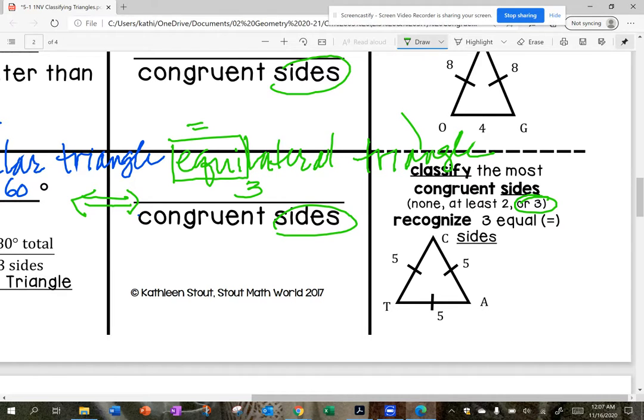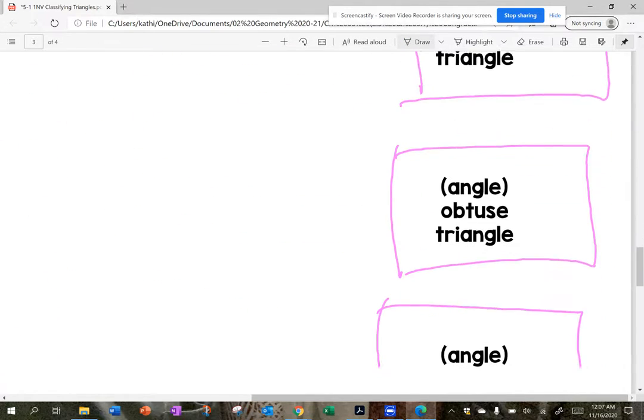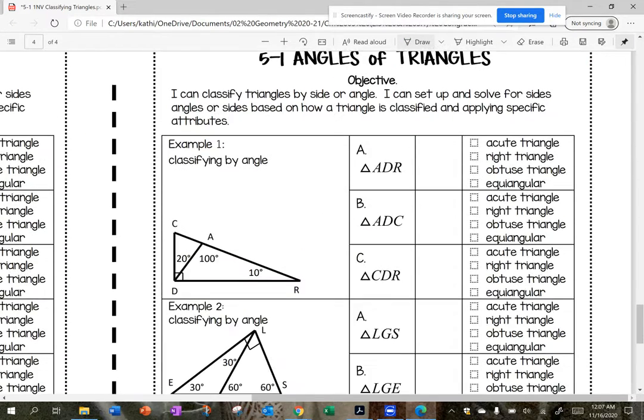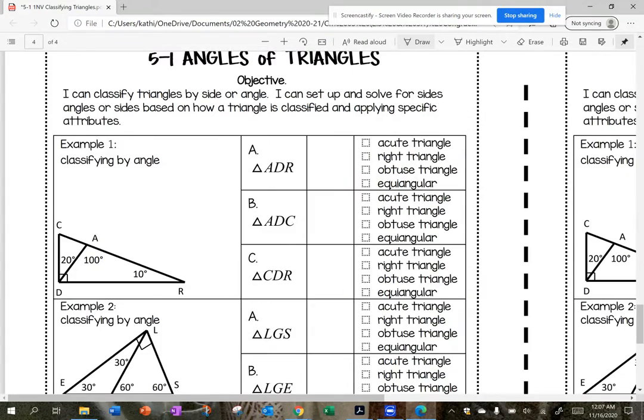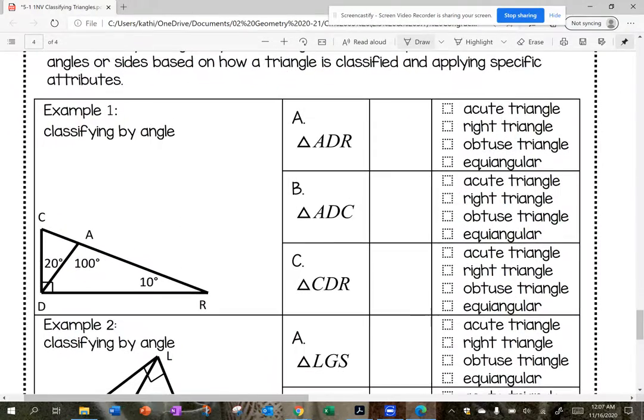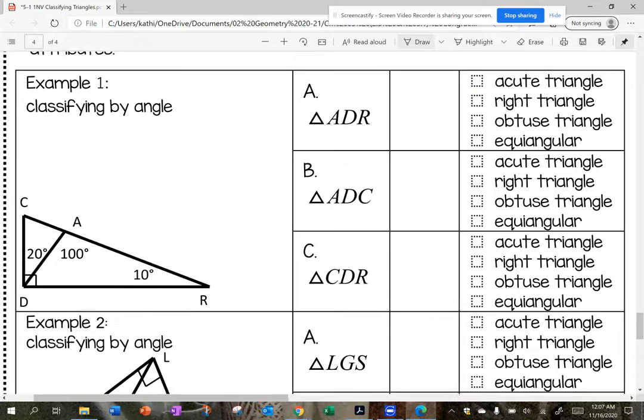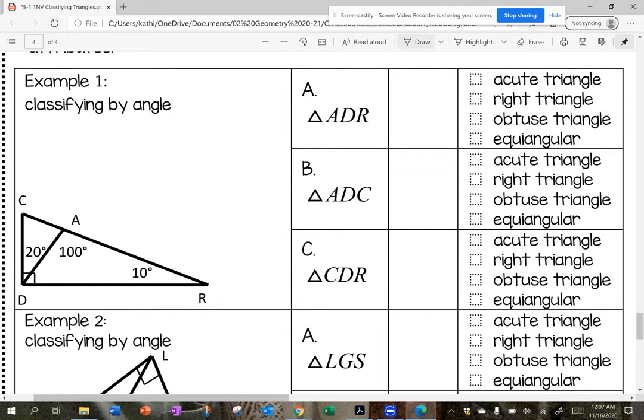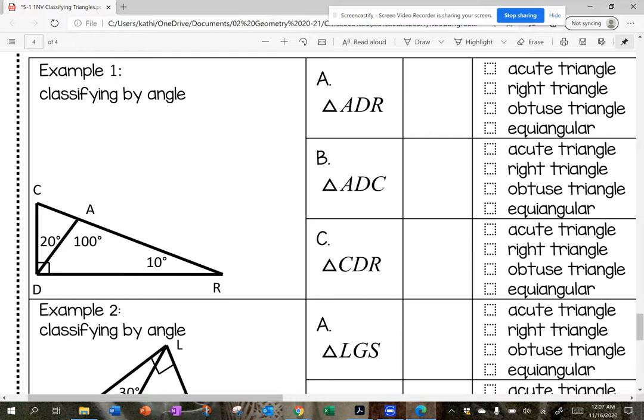All right, so let's do a couple examples here. All right, so let's classify by angle. So I'm going to start out with, and I want to look at triangle ADR.